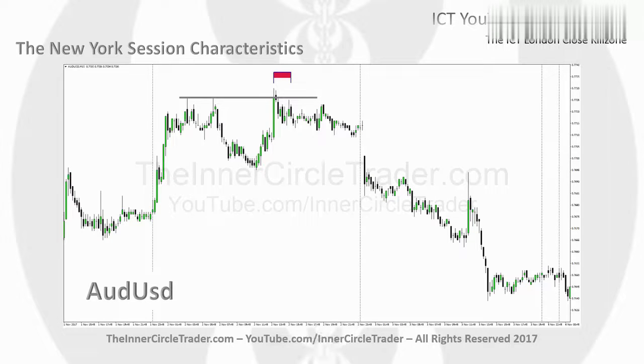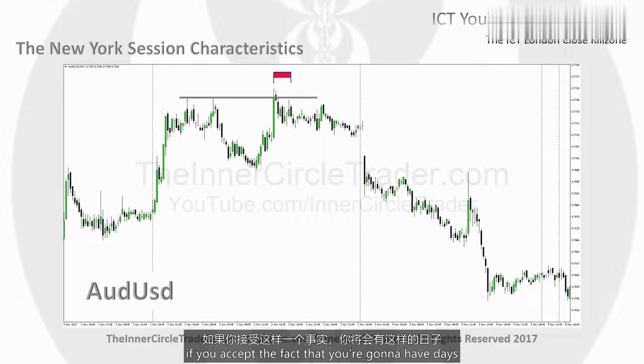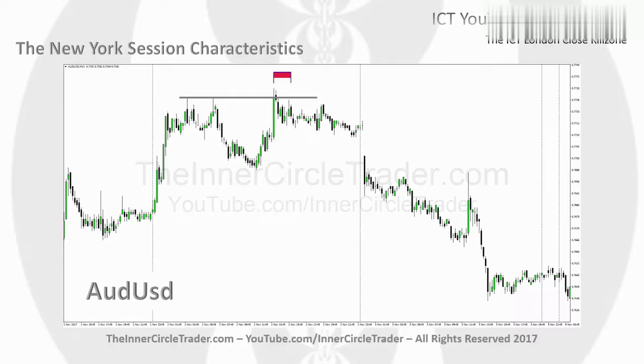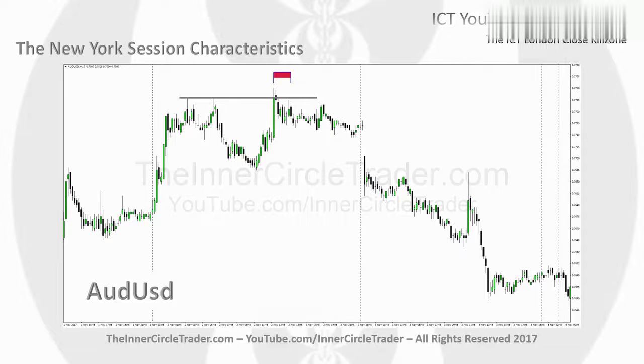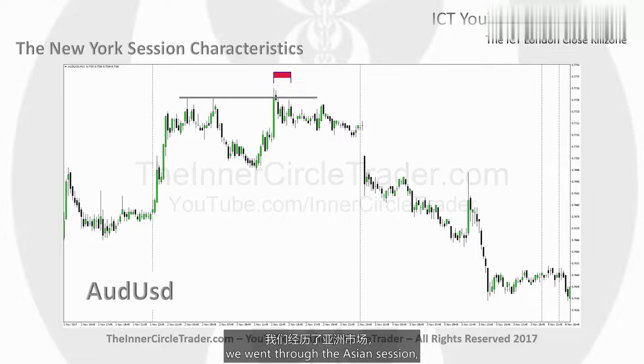So if you accept the fact that you're going to have days where you see a scenario that may form, and you may believe it warrants an entry on your demo account, it may not come to fruition.